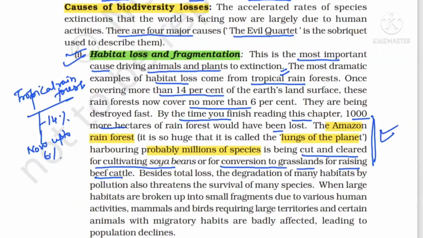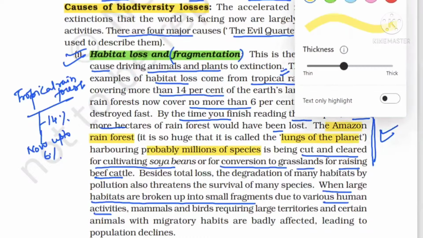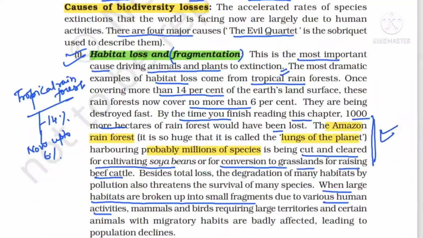Now, the second example is for fragmentation. When large habitat fragments are broken into small fragments, because of human activities, which are obviously a major cause, animals which require a large territory to move are badly affected, like mammals and birds which require large territories because of their migratory habits.